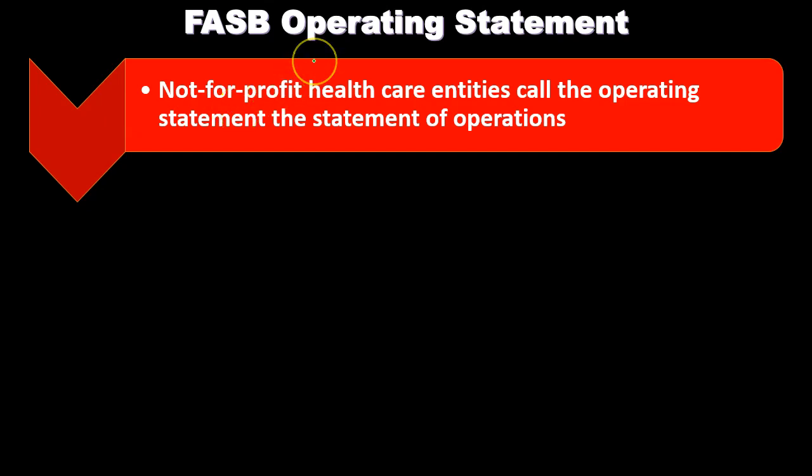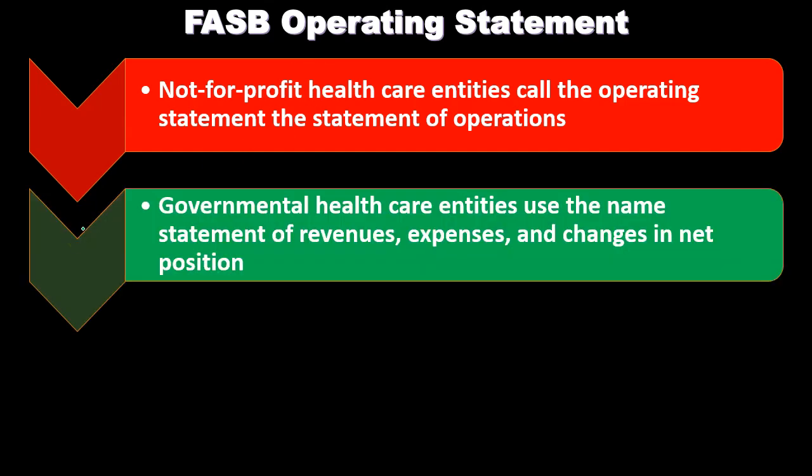So if you want to think about the income statement, when you're thinking about not-for-profit, for-profit, and governmental, you might want to just call the performance statement an operating statement. The actual name will differ depending on the type of organization. Therefore, the operating statement here is called the statement of operations.